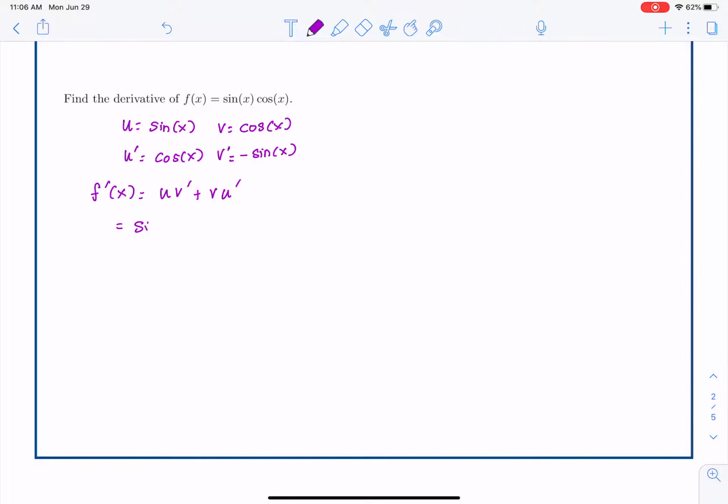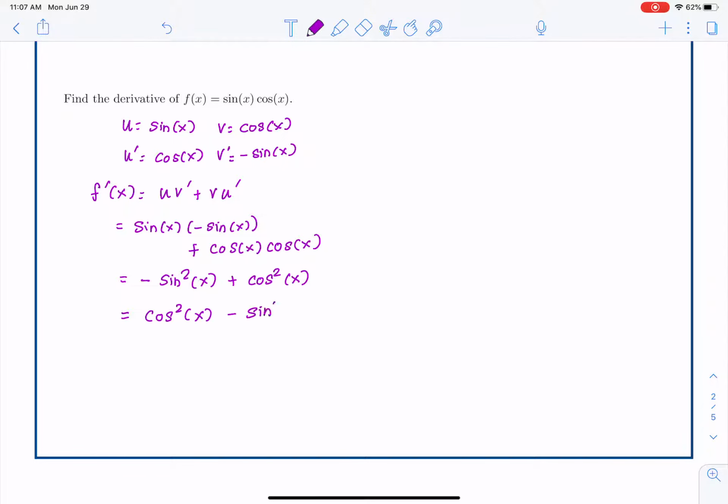So sine x times negative sine x plus cosine x times cosine x, which would be negative sine squared x plus cosine squared x. So the answer is cosine squared x minus sine squared x.